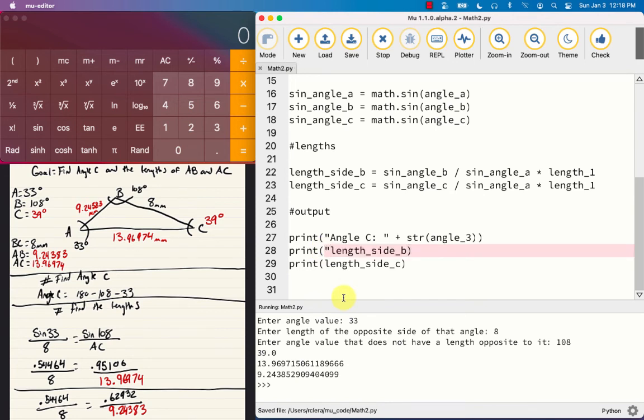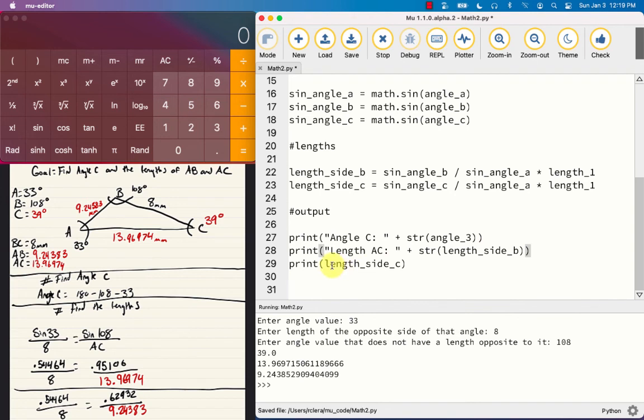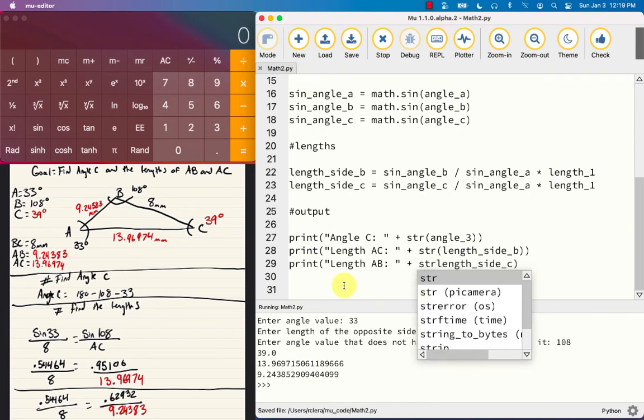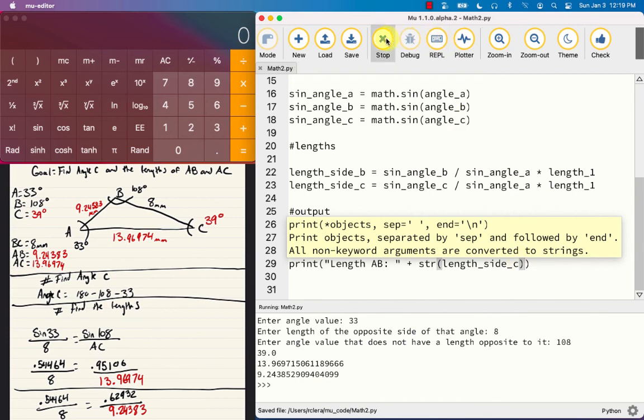And we'll have to do the same thing here, but length side B. So this was our AC. So we'll say length AC plus. And then we have to do str to make sure that's a string. And then we have length AB. So length AB plus, we got to convert that to a string, length side C, and this will be a nice cleaner output.